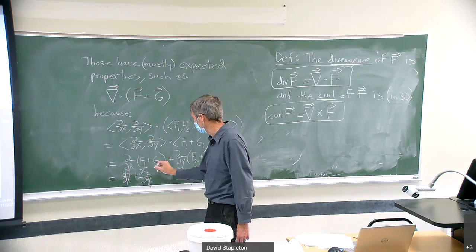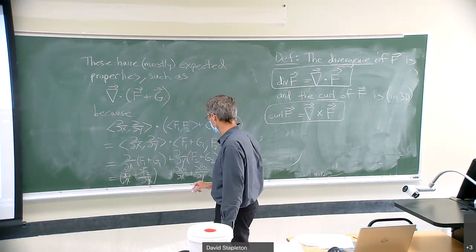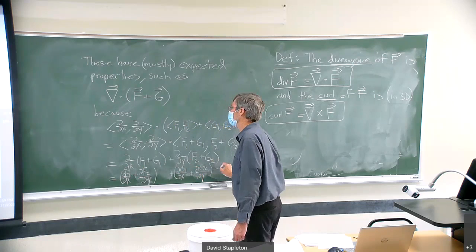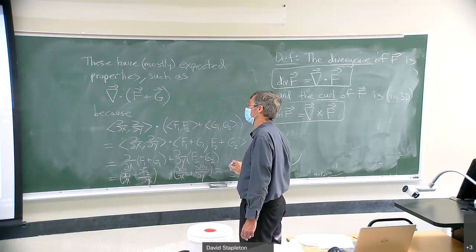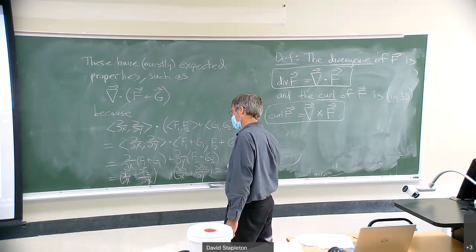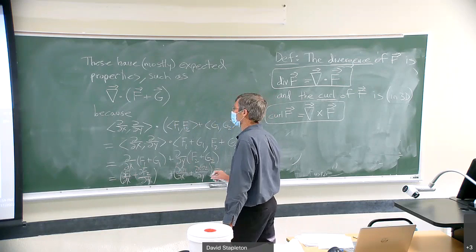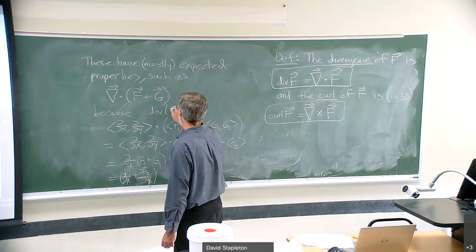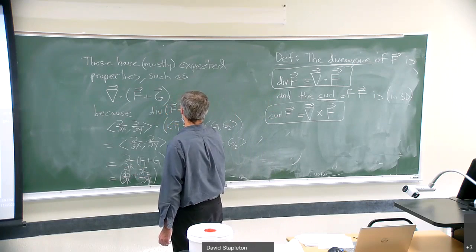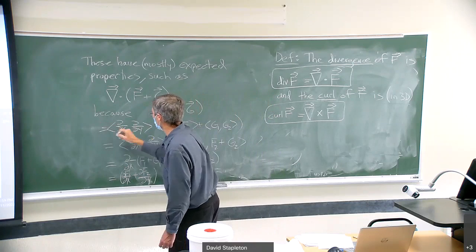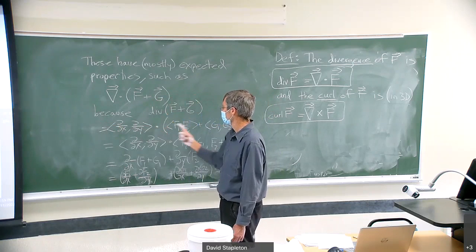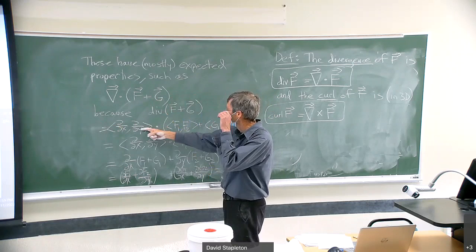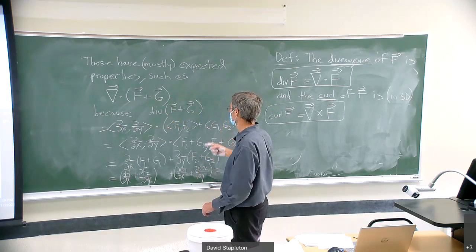But wait a minute. This one's divergence of f, and this one's divergence of g. Divergence of f plus g is equal to this, right? This is how you write the divergence, the gradient dot, whatever vector function it is.